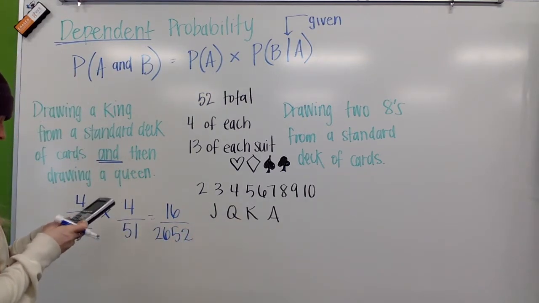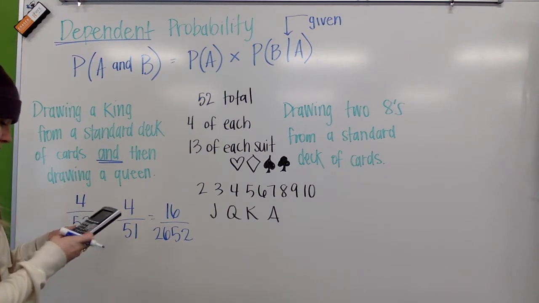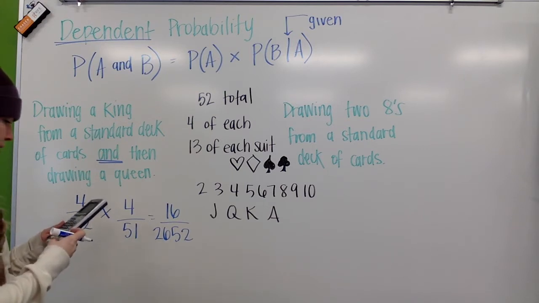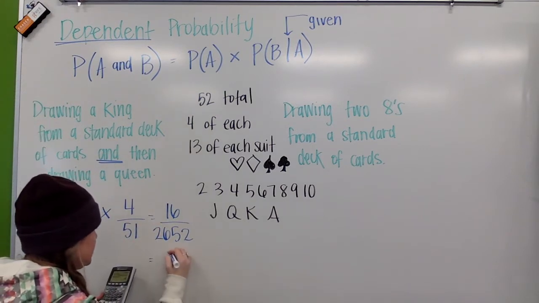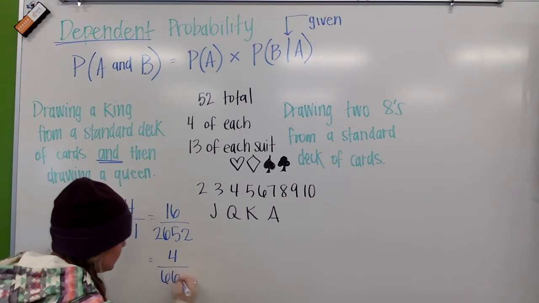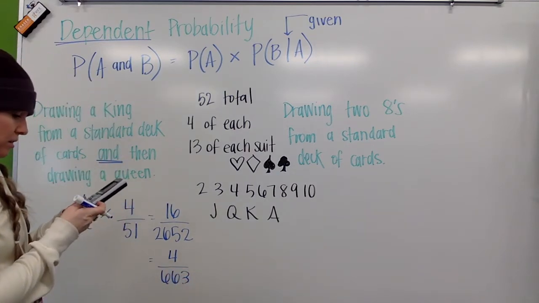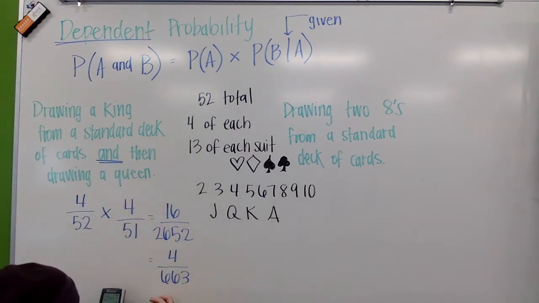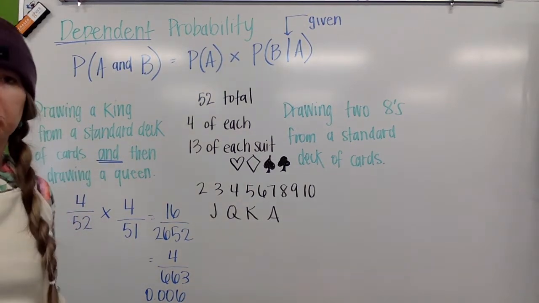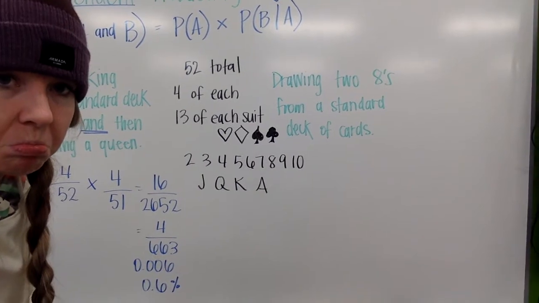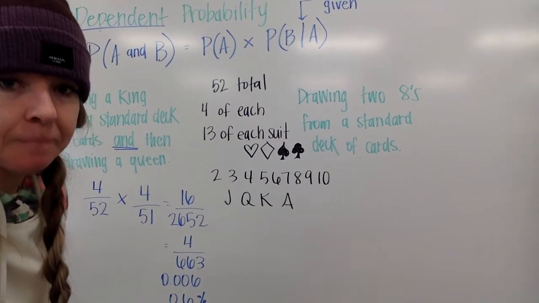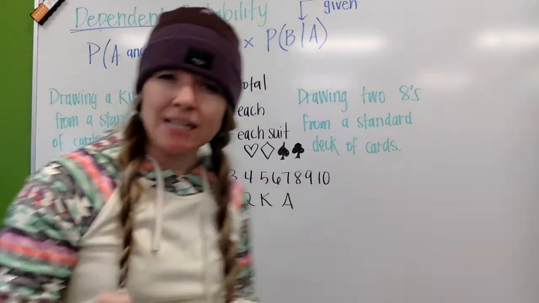That should reduce, so I'm just going to divide those and turn it back into a fraction. So this reduces to 4 over 663, which is about 0.006. So that is a 0.6% chance. Not very good odds there. Okay, does that make sense?